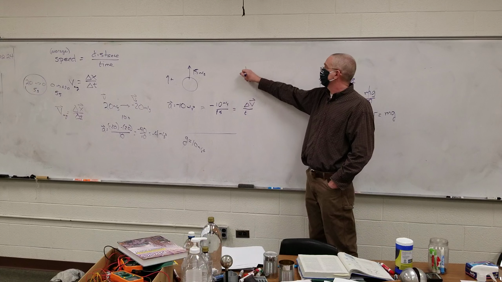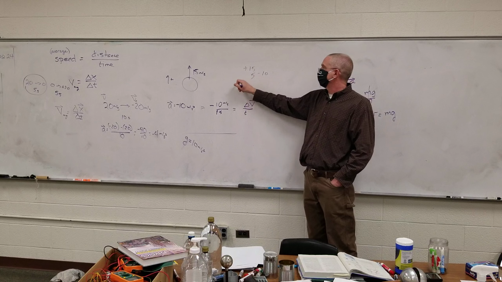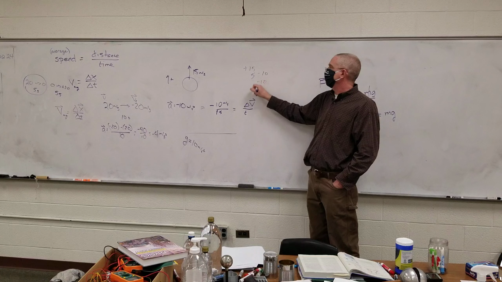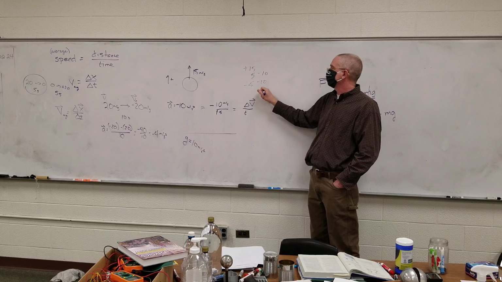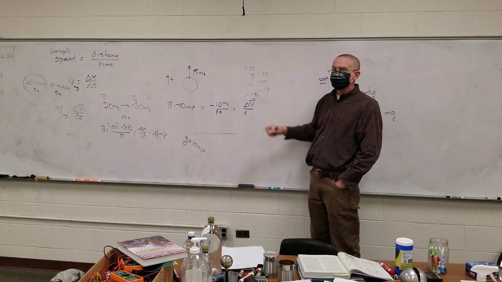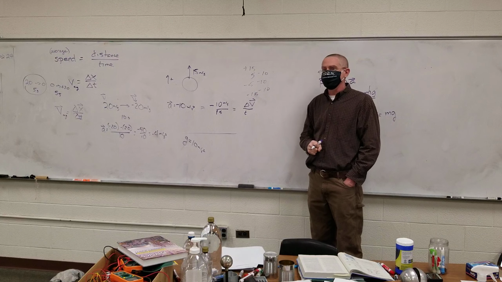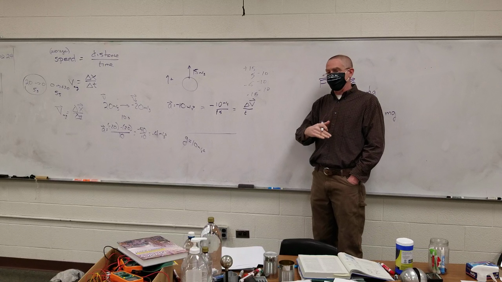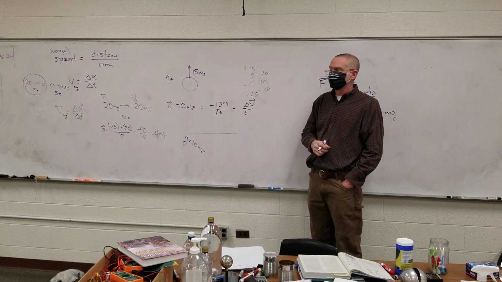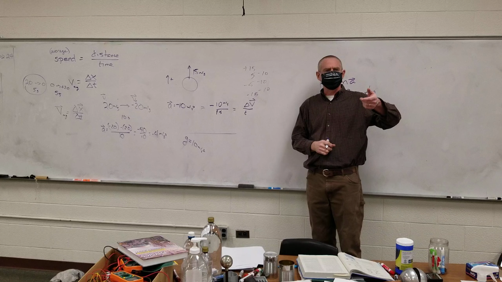I go from positive 15, subtract 10, and get 5 after 1 second. Subtract 10, and I'm going negative 5 after 2 seconds. Subtract 10, negative 15 after 3 seconds. On Earth, on average, I'll lose 9.8 meters per second every second, and on Mars 3.7 meters per second every second.